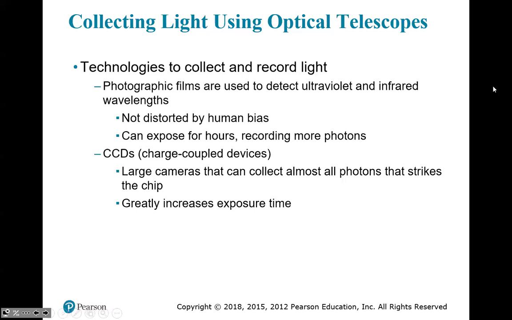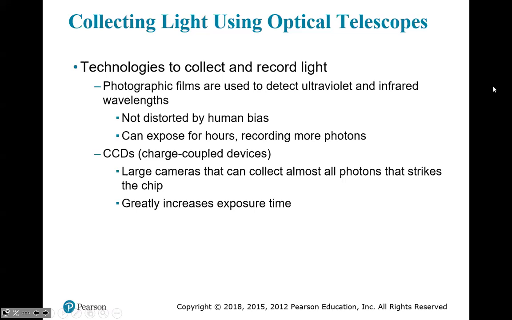So we've moved on from that to other technologies that are mechanically or electrochemically or whatever, recording the light that comes in. The original thing that was used was photographic films, photographic plates, generally glass plates coated in light-sensitive chemicals.